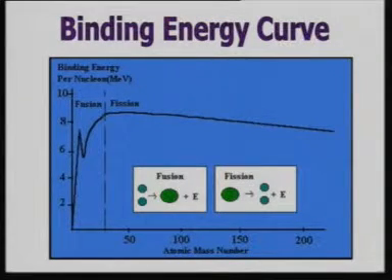On the other side, if you go to the extreme right, again the binding energy increases if we go towards smaller particles. So larger particles break into smaller particles to give us energy by fission. Smaller particles combine, called fusion, to give us energy. And inside the stars, it is fusion that does the job.